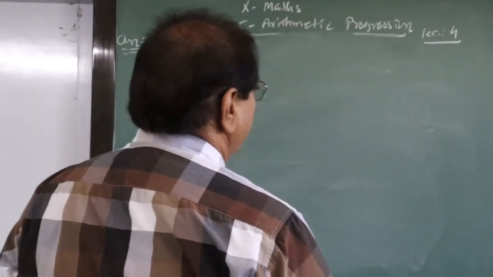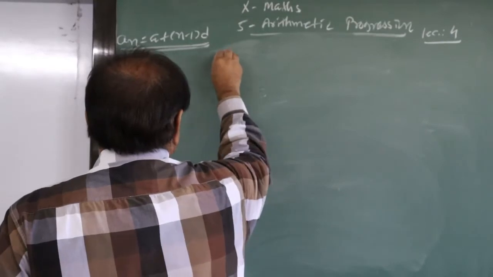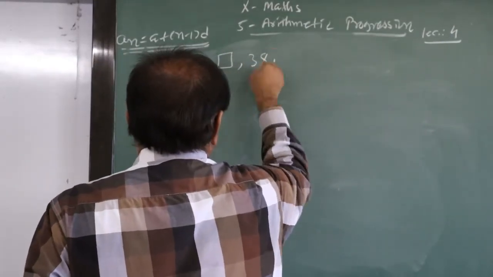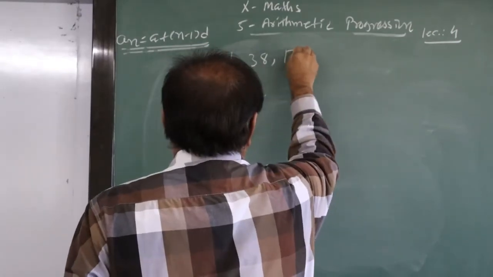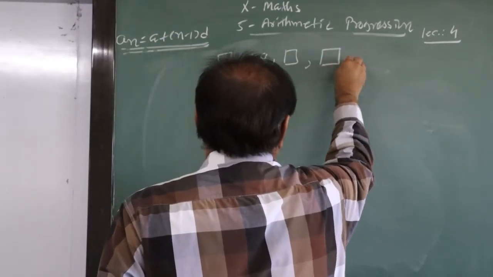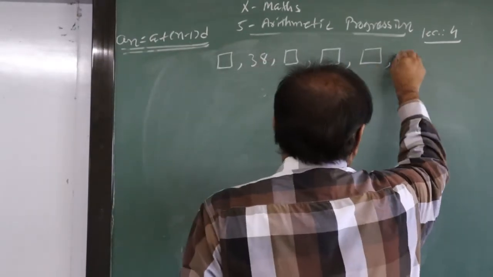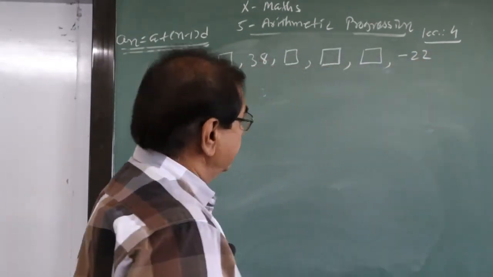Now we take one more question of this type. The first term is not given, the second is 38, the third, fourth and fifth terms are not given, and the sixth term is minus 22.